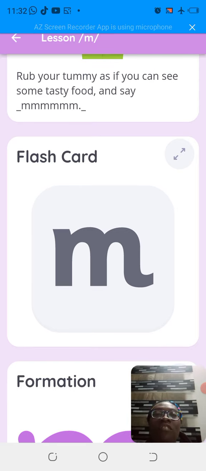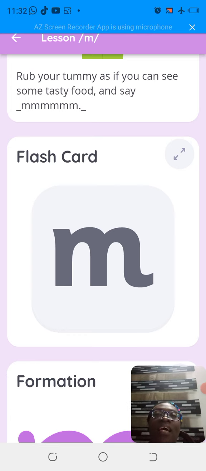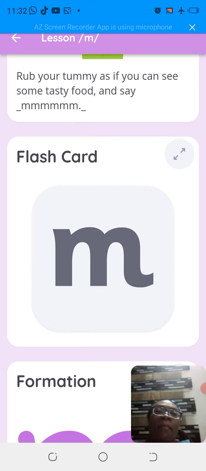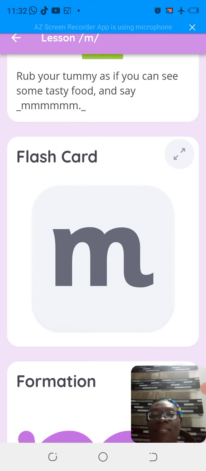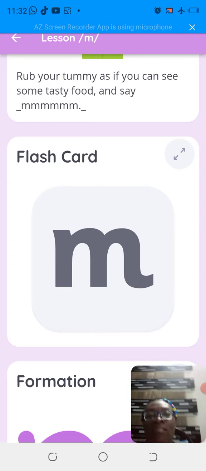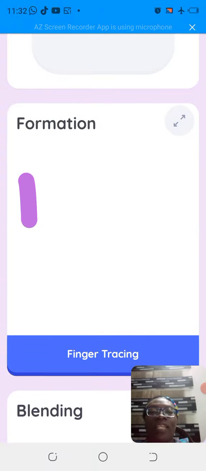This action is very interesting. The children will put their hand on their tummy and then rub their tummy and sound. How do you form your letter M?